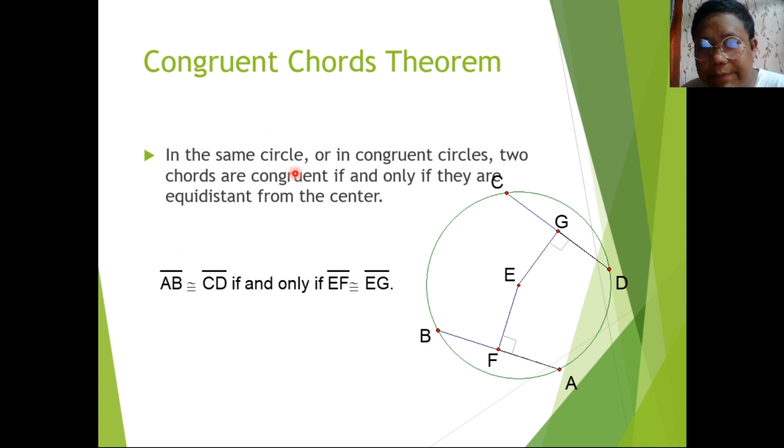Again, in the same circle or in congruent circles, two chords are congruent if and only if they are equidistant from the center. So this chord and this chord, their distance to the center is the same. If this is, let's say, 3 units, then this is 3 units too. That is the congruent chords theorem.